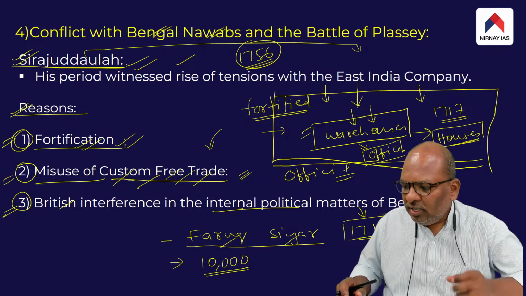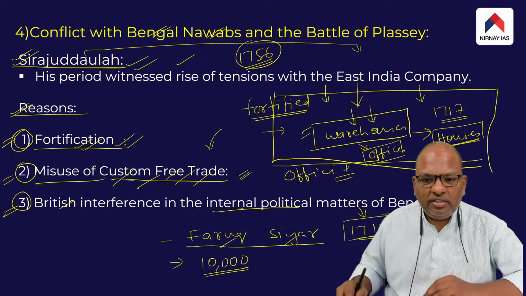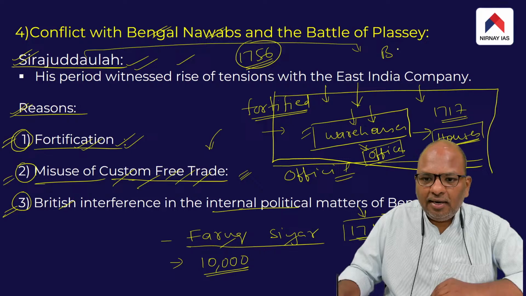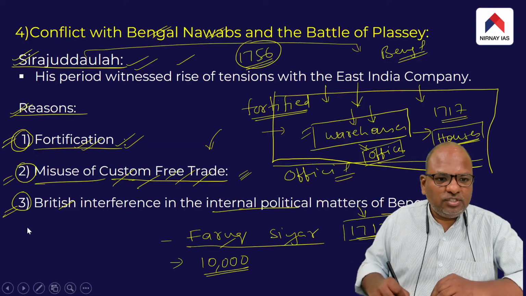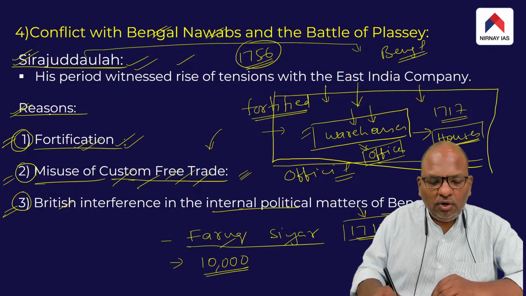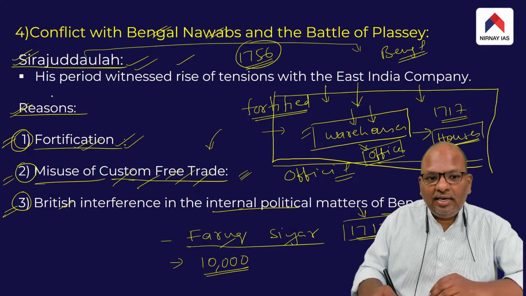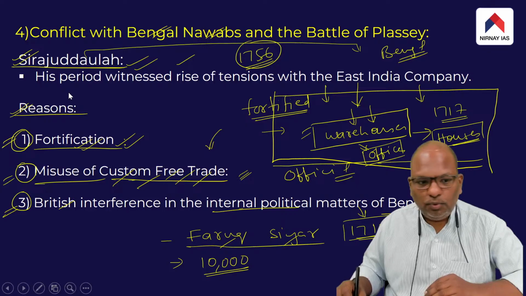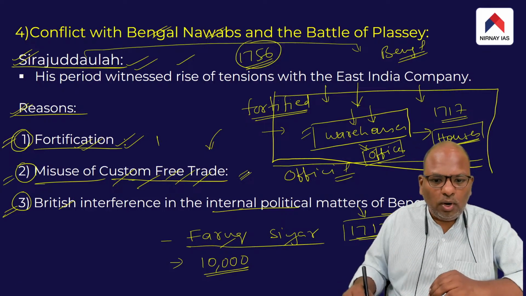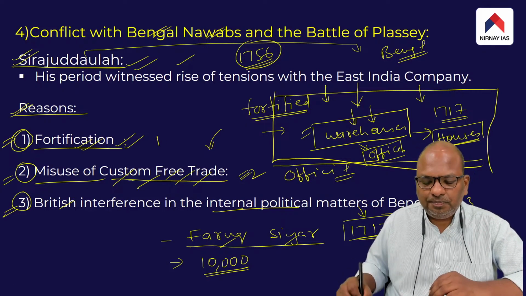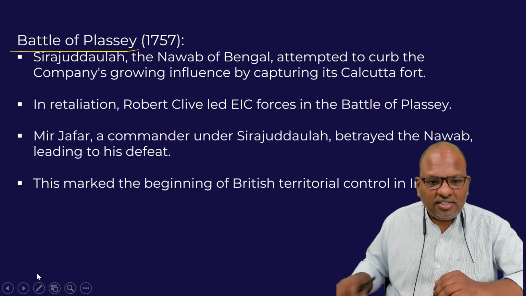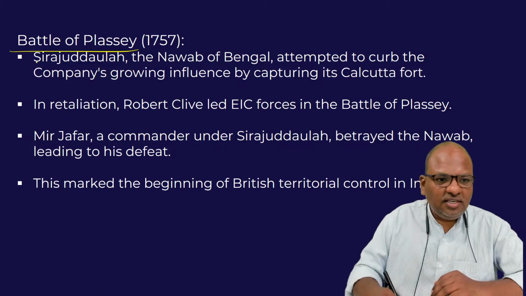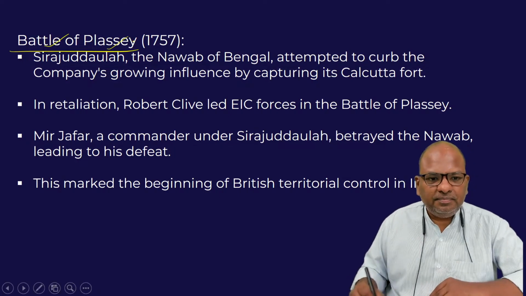I told you the first territory to be conquered by the British happened to be Bengal, and the ruler of Bengal in 1756 was one Mr. Siraj. I told you the three reasons why the conflict between Siraj and the British broke out. Because of these conflicts, it eventually resulted in a war known as the Battle of Plassey.